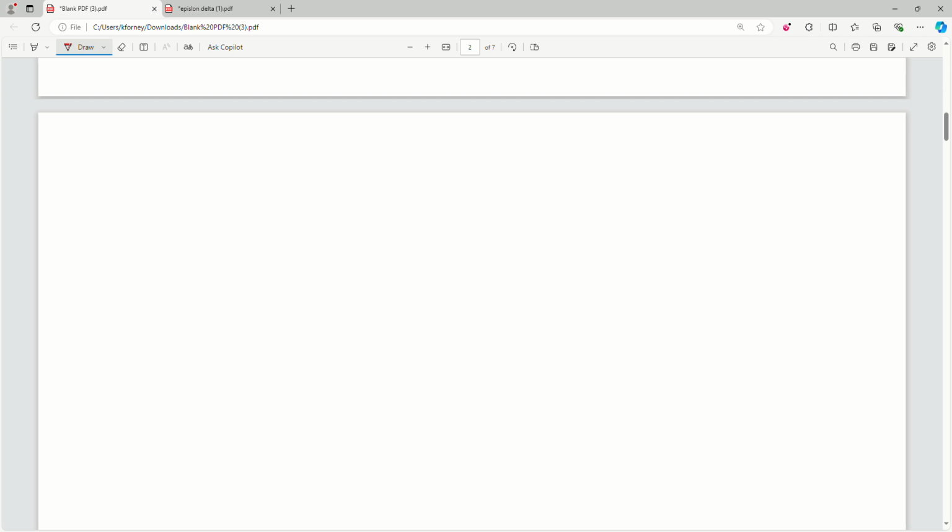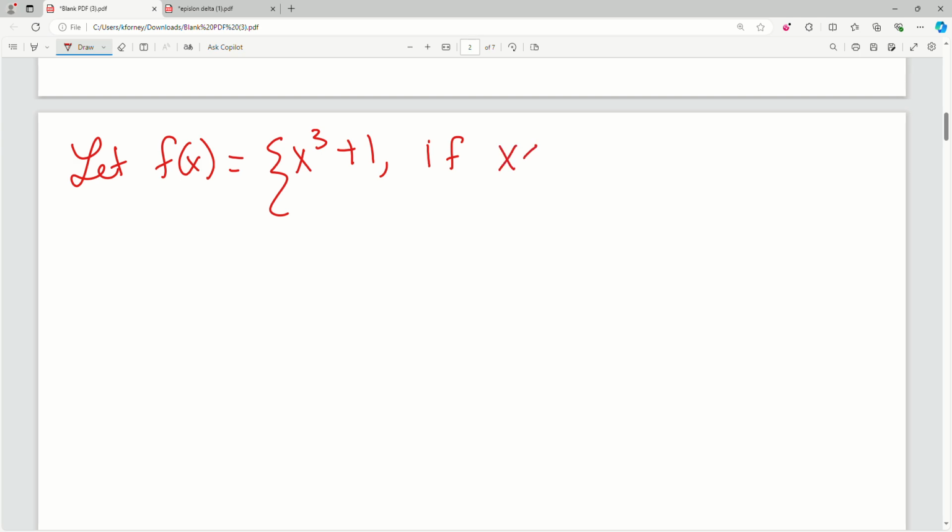So now, let's look. Let f of x equal x cubed plus 1 if x is less than 1, and let's say it's 3x if x is greater than or equal to 1. Is there a place where 1 can exist? In the 3x, correct?